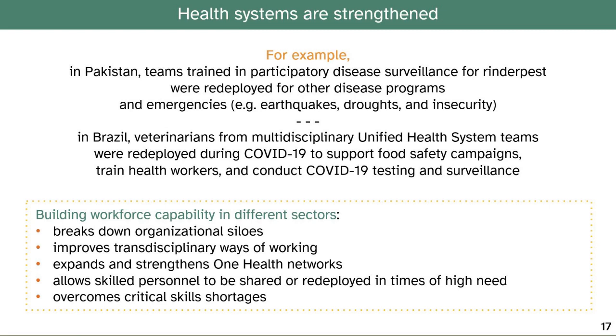We allow skilled personnel to be shared or redeployed in times of high need, such as during a pandemic, and we overcome critical skills shortages, which are common in the impoverished areas where NTDs are endemic. Building a strong yet flexible workforce capability is only one of the ways by which health systems are strengthened. You will encounter other examples along the course.